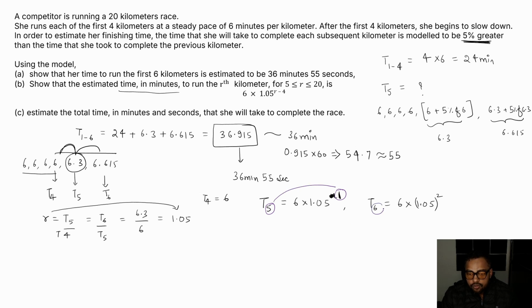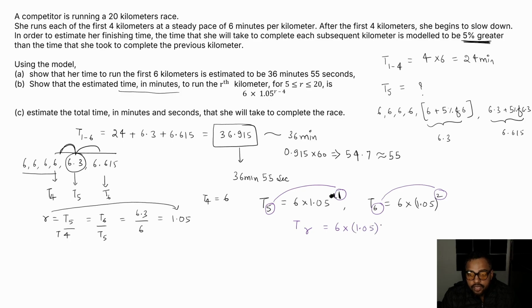Similarly, for the 6th kilometer, the exponent is 2. So there is a relationship between the number of kilometers and the exponent of the estimated time. We can say that it is getting decreased by 4. So for the rth kilometer, Tr will be 6 cross 1.05.